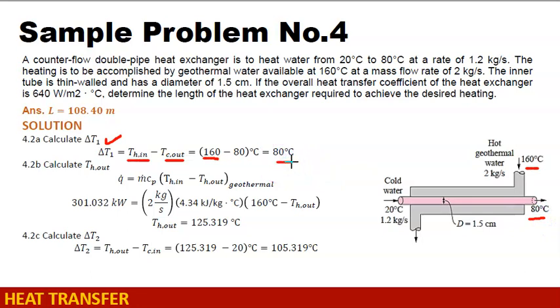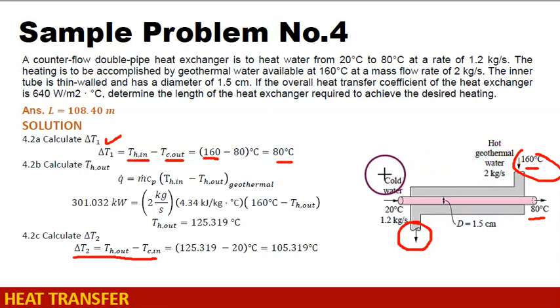So we need to solve first for T hot out. We already have T hot in, but we need to solve T hot out for us to get the value of delta T2, because delta T2 is T hot out minus T cold in. For T hot out, we know that the heat exchange is between the cold water and the hot geothermal water.